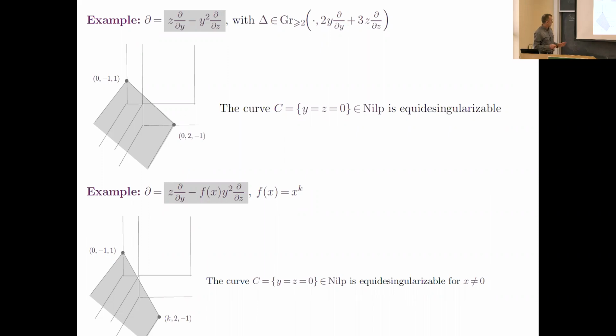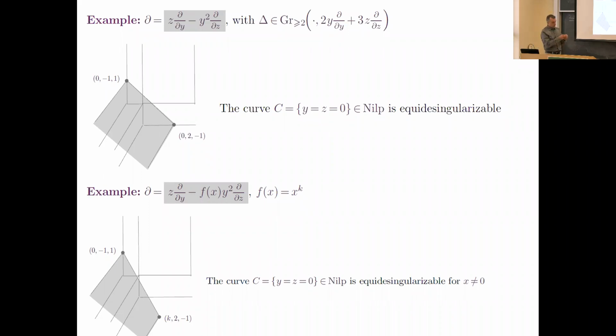But fortunately, let's see what happens when you make x non-zero here, right? So you have exactly the same situation as before, which corresponds geometrically here to projecting this point here, right? So in fact, this curve is equidesingularizable except for the point x equals 0.